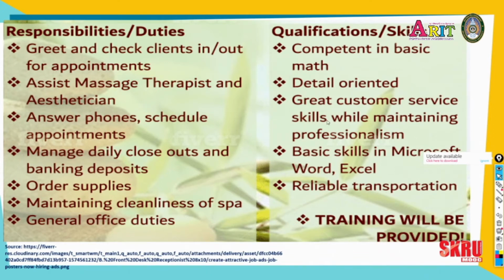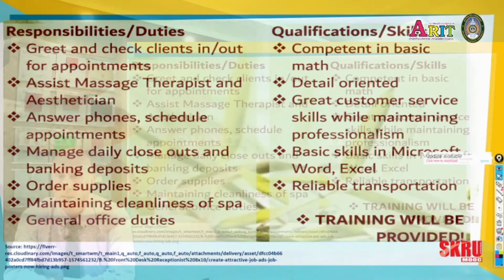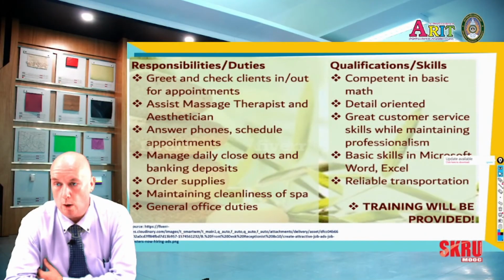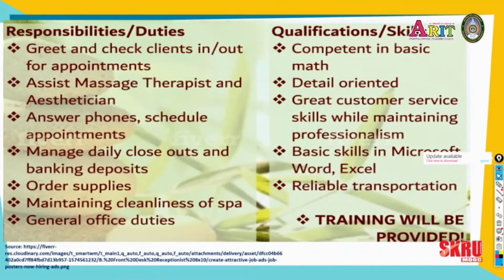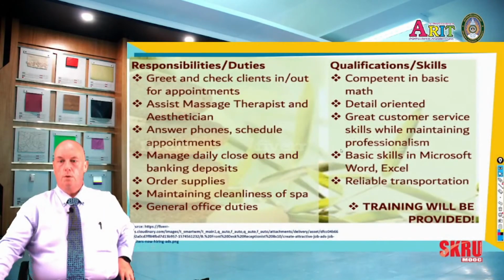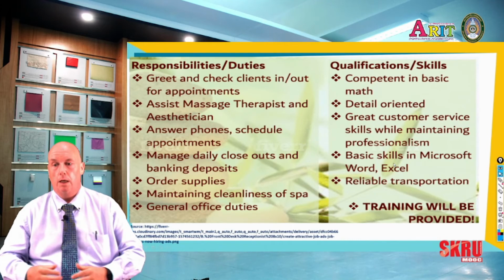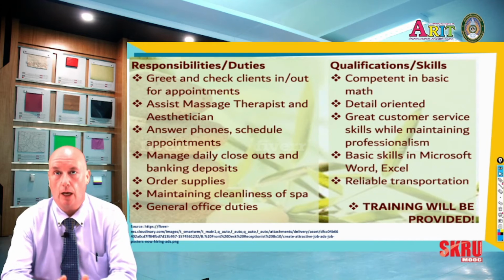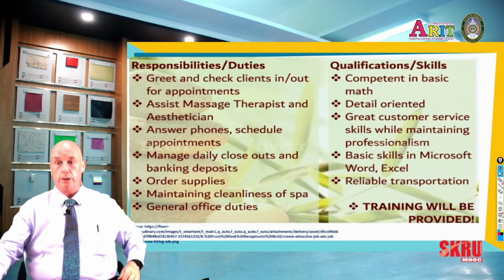So we want to be able to show our people skills here, that you can be friendly, welcoming and professional. And if there's anything in your history of working in an environment like that, it will be useful. Now, you see we have basic skills in Microsoft Word and Excel. This is specific applications that they'll be expecting you to use as part of your duties.